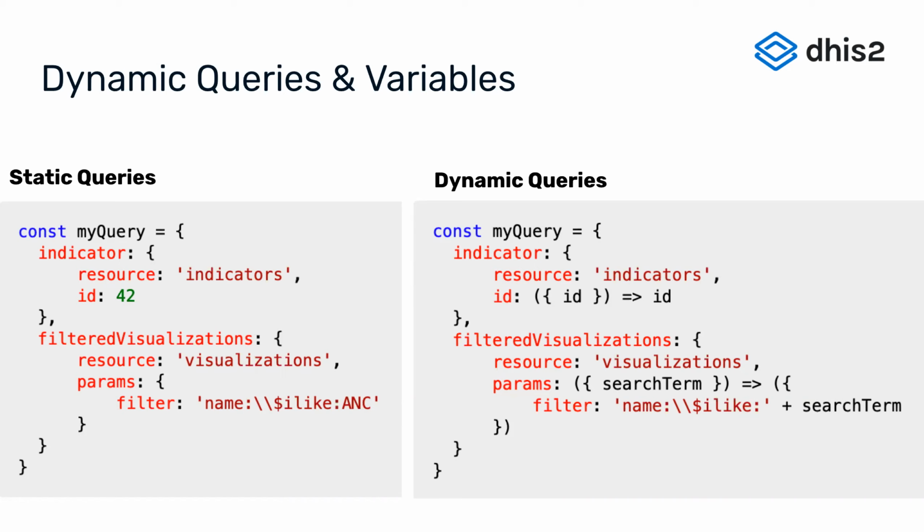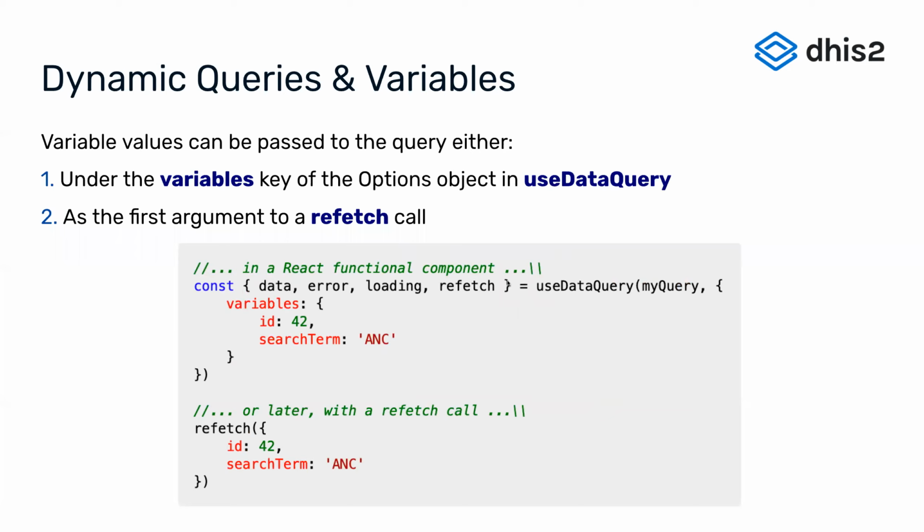So if we pass the variables ID 42 and search term ANC, we'll get exactly the same query as we did before, but we're not locked into just that ID and just that search term. So how do we actually use those variables once we've defined that query?